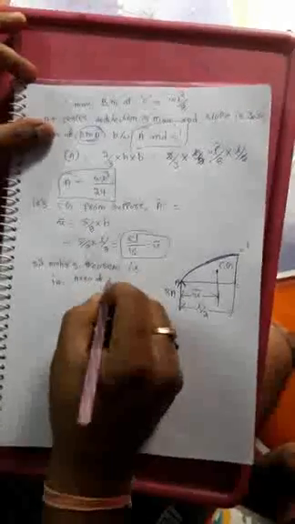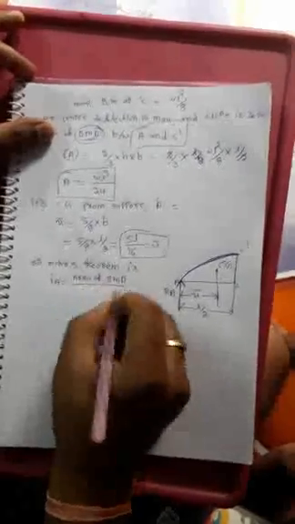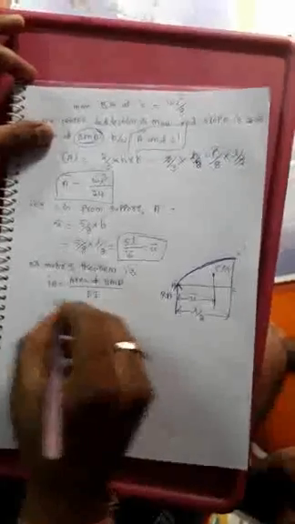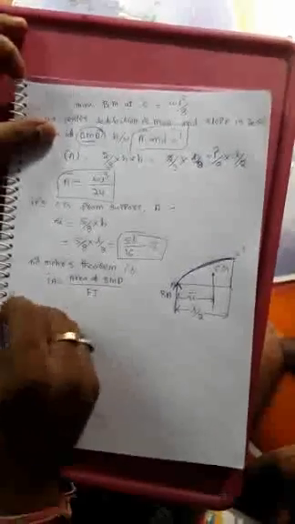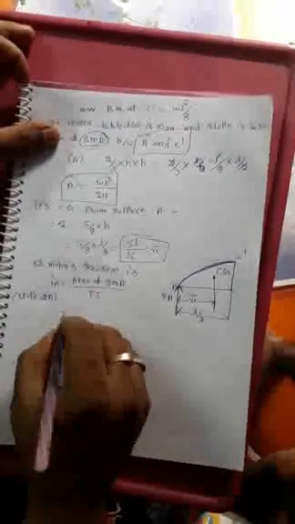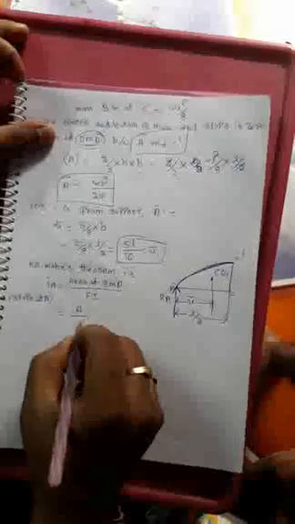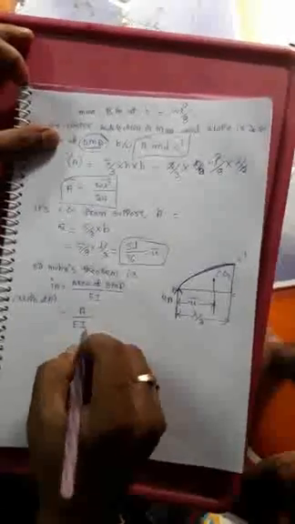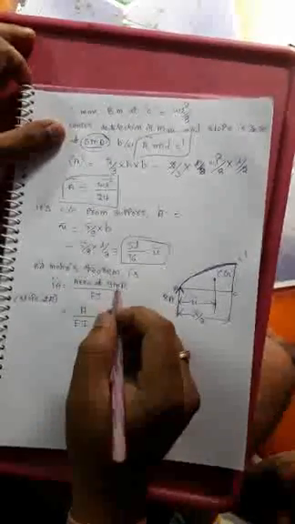So theta A is nothing but the slope at A. So slope at A is area of BMD by EI. This Mohr's theorem 1 denotes the slope, that is the A by EI formula.